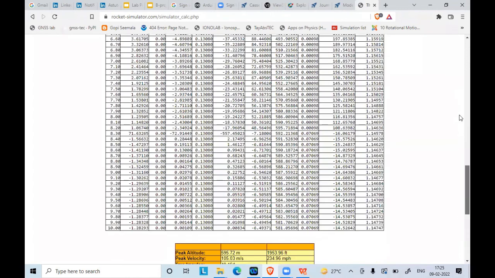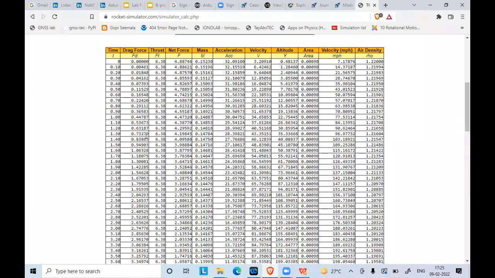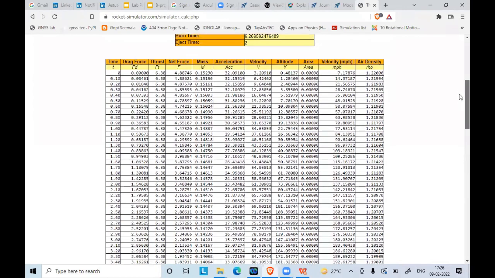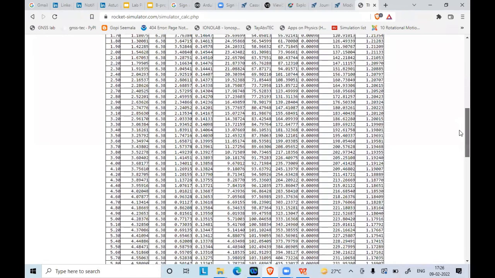As you can see, the drag force is initially smaller because your engine is on and your fuel is burning. Slowly, when your engine stops functioning and there is less fuel in the tank, the drag force starts increasing.